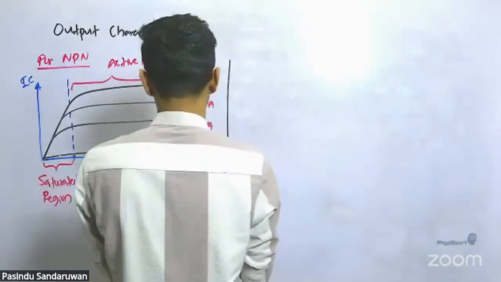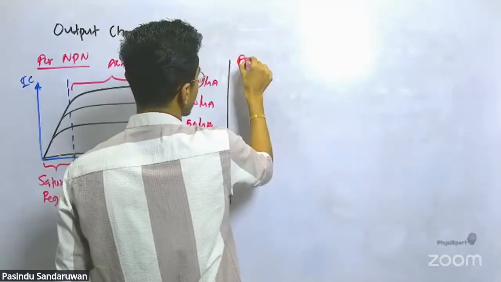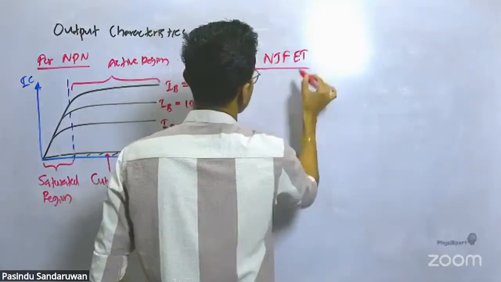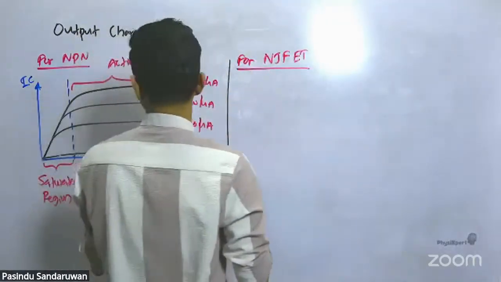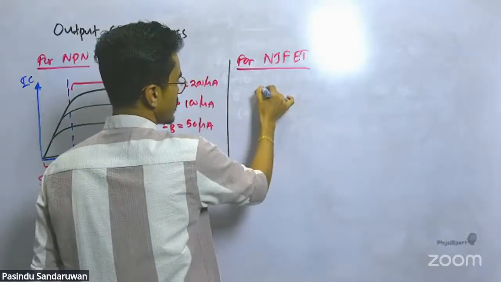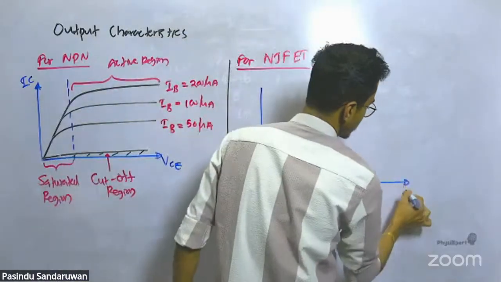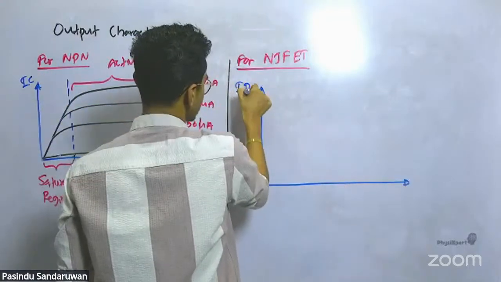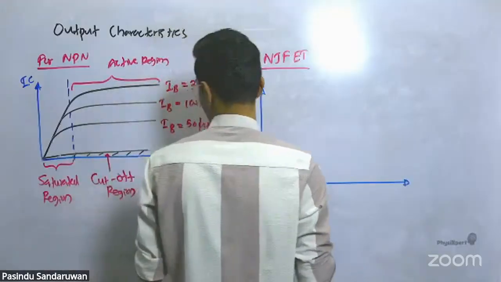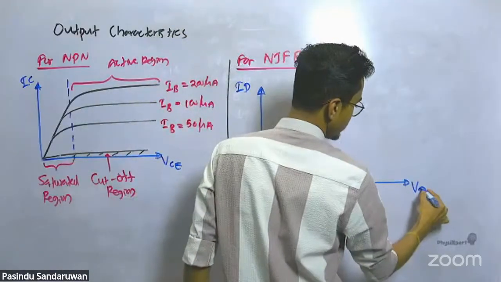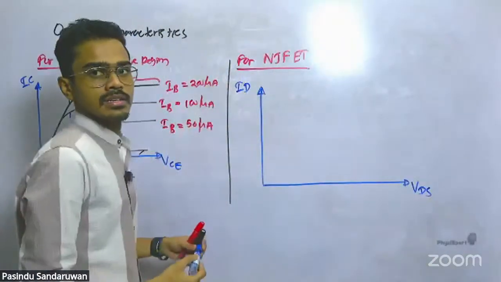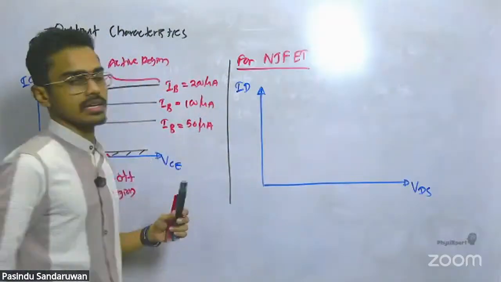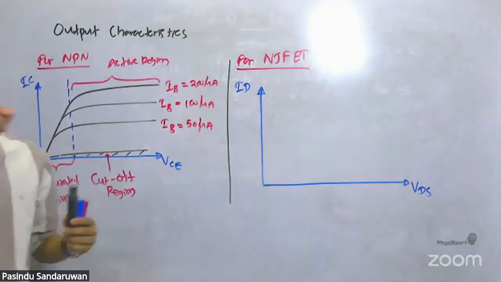You better take down both, because when you study you'll be able to compare. Listen. Now instead of IC, here we have ID. Instead of E, we have S, and VCE should be VDS accordingly.